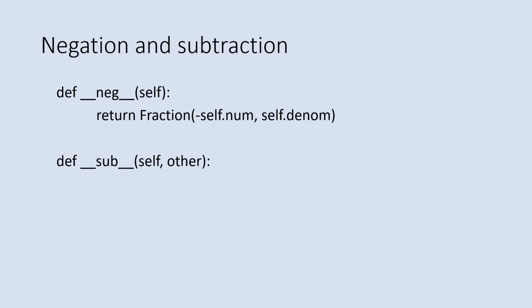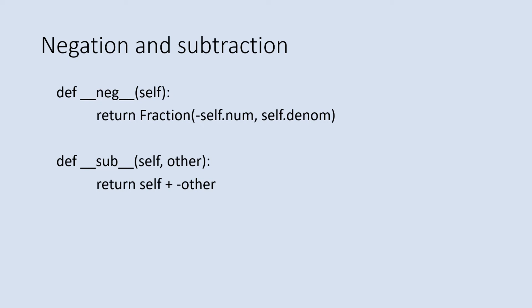For subtraction, now we have addition and we have negative. And for subtraction, you're going to have an other there as well. And so for subtraction, rather than going through all the steps of doing the calculation, we might just return self plus negative other.